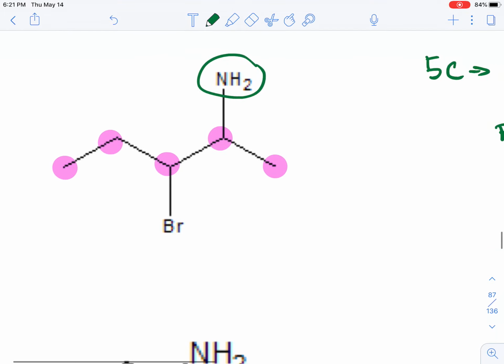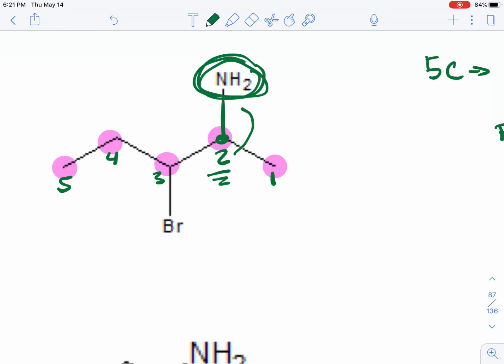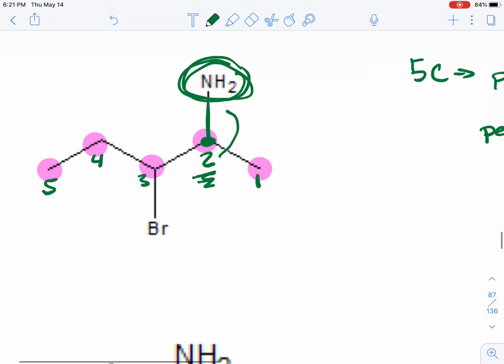Now we need to tell the reader what carbon number that amine is going to be on. And so since amines get the priority, it would only make sense to number it from right to left, so that the amine is on the carbon that has the lowest carbon number.